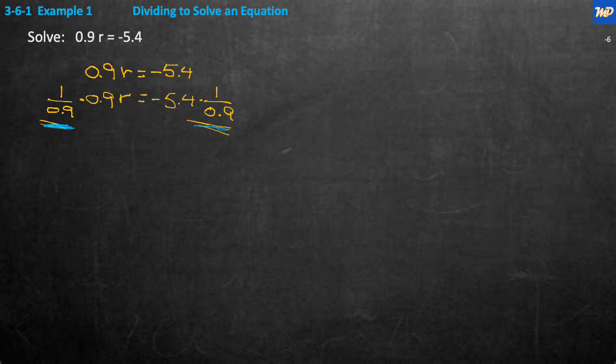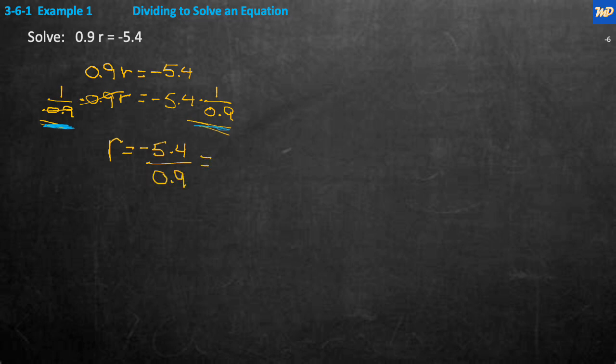Once you've done that, you can cancel the 0.9 divided by 0.9, and what's left is r, and r equals minus 5.4 divided by 0.9. This multiplication by the reciprocal is the same as dividing by 0.9.